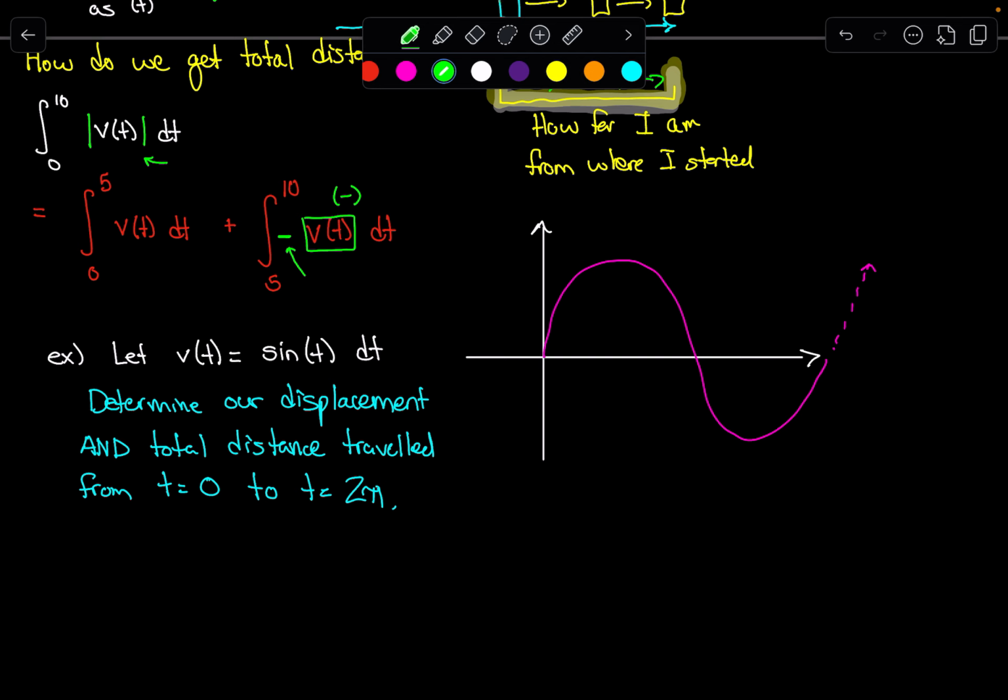So again, you want to remember that the function v of t is equal to sine of t, that it's our velocity function.